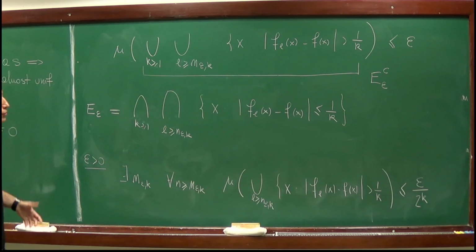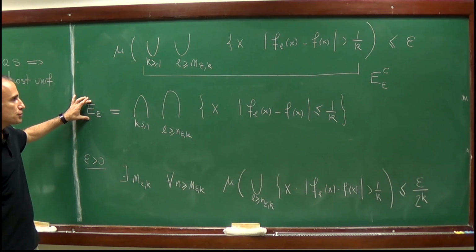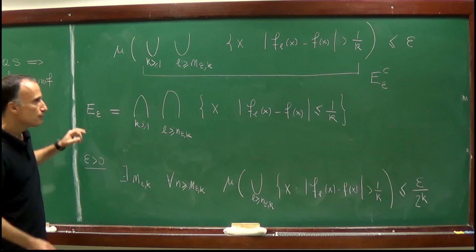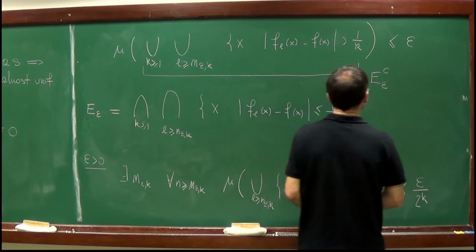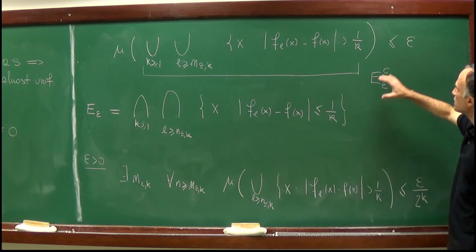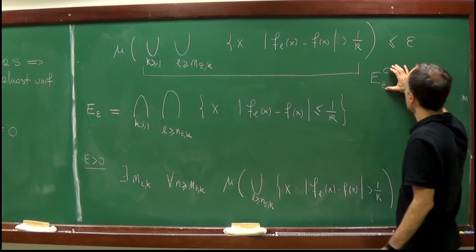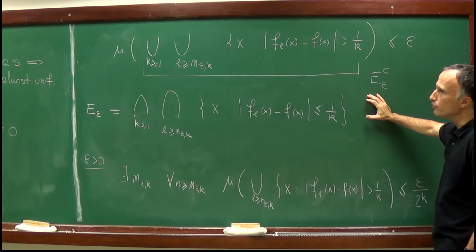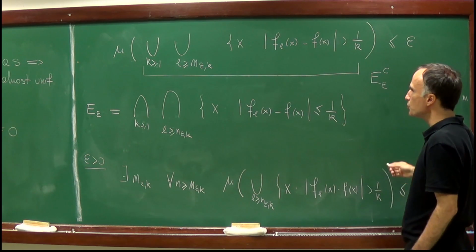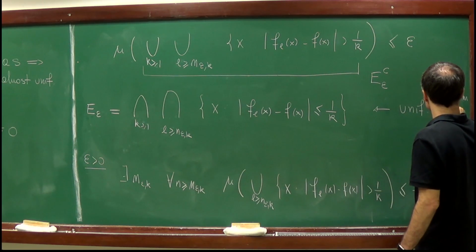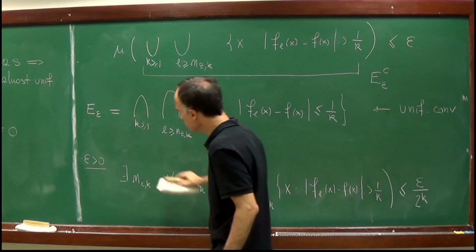And in order to complete the proof, we have to show that we have uniform convergence of f_L to f in this set E epsilon, right? Because if we prove that, we have proved almost uniform convergence because epsilon is general. For that fixed epsilon, we obtain the set E epsilon, such that the complement of E epsilon has measure bounded by epsilon, and we have uniform convergence on E epsilon. So what remains to be shown is that on this set we have uniform convergence. And this is what I'm going to show now.